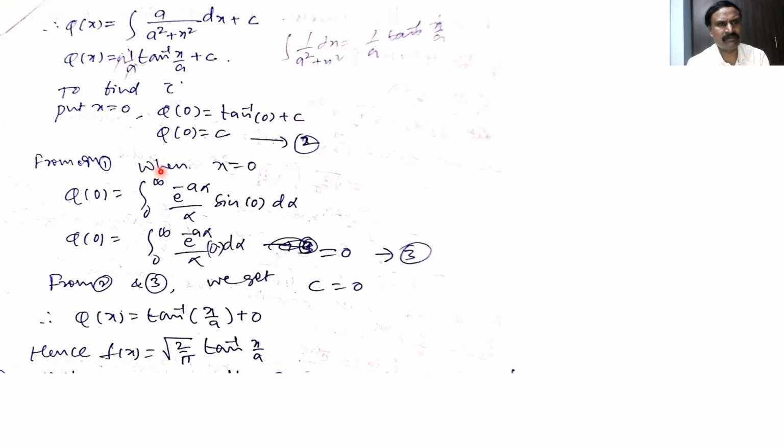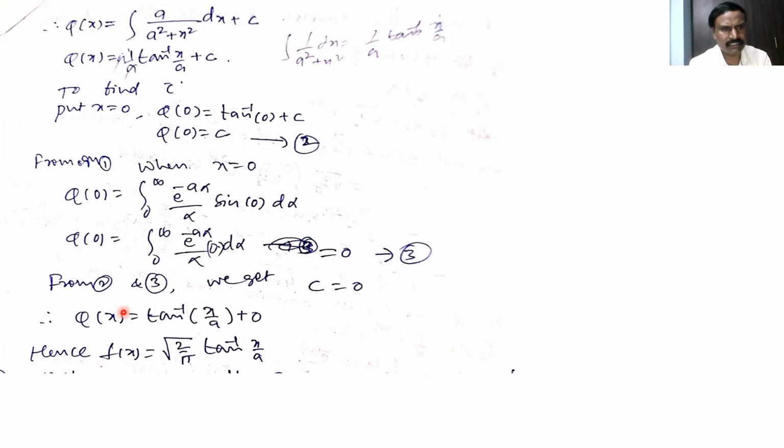From equation 1, when x is equal to 0, phi of 0 is equal to integral 0 to infinity e to the power of minus a alpha by alpha sin 0. Sin 0 value is 0, so phi of 0 value is 0. Then phi of 0 is c, and phi of 0 is 0. Left hand sides are equal here. From equation 2 and 3, we conclude that phi of 0 is c and phi of 0 is 0.